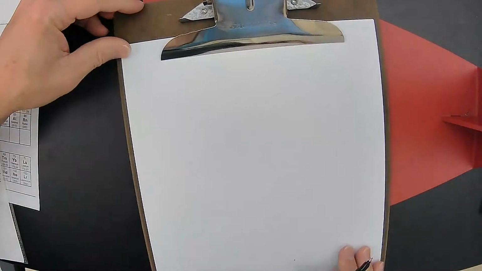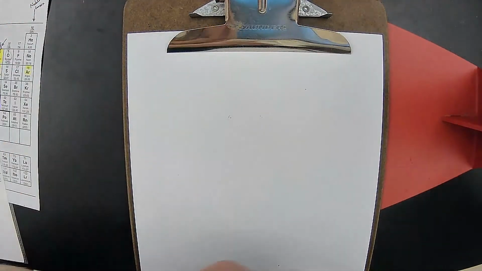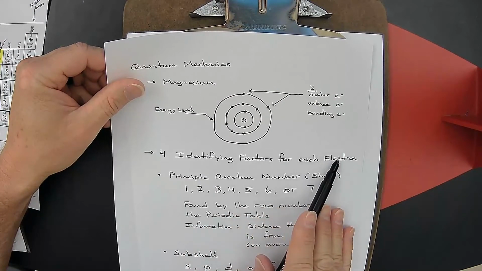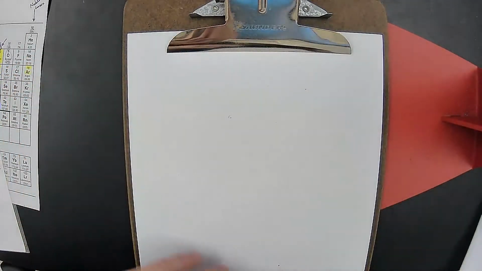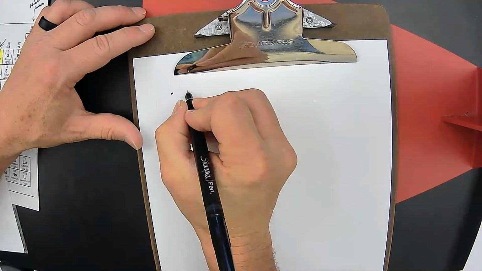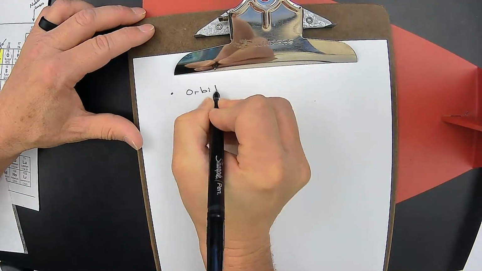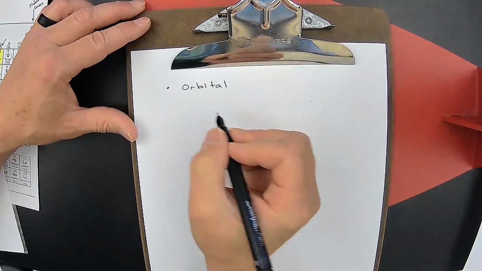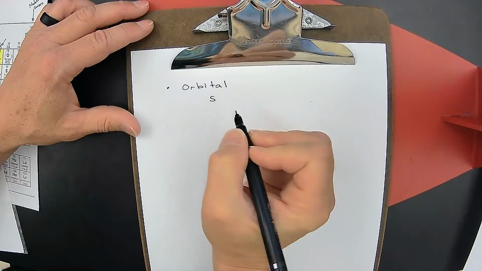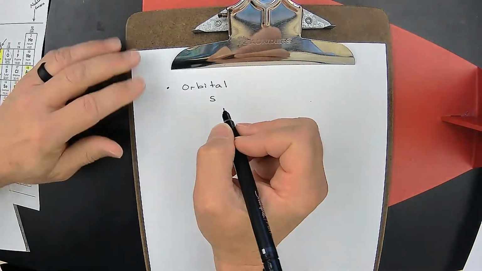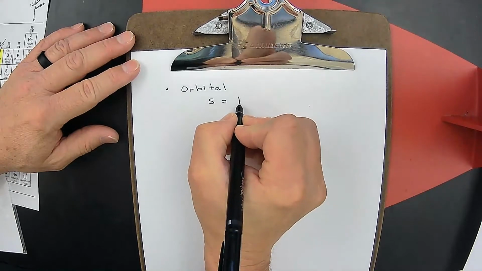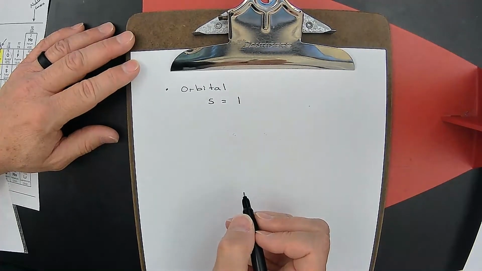The third piece of information, remember we're working through the 4 identifying factors for each electron. The third one that we're going to talk about is called the orbital. And the orbital depends on which subshell the electron is located. As I mentioned, the s has only 1 orbital.